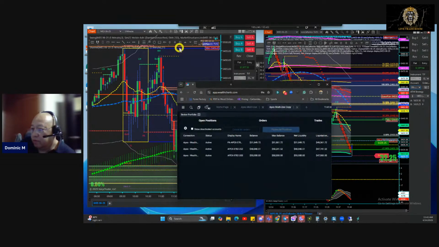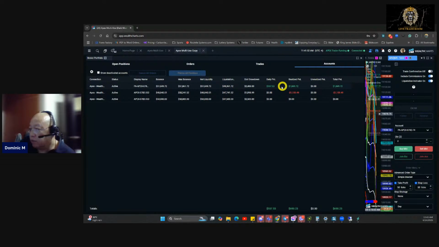This is another PA right there. I made 557. Total balance right now is 1,800. This is really just averaging 500 a trade, or every day at least. That's my daily profit target.